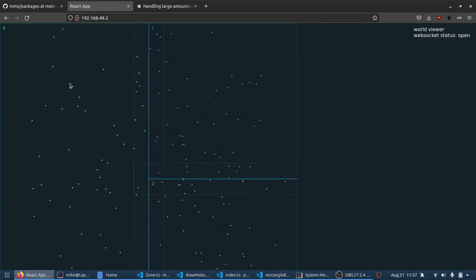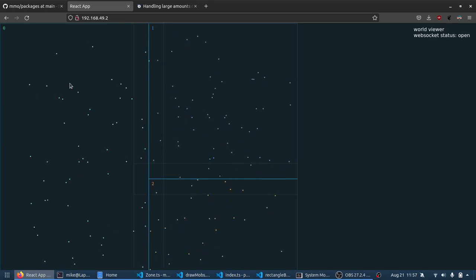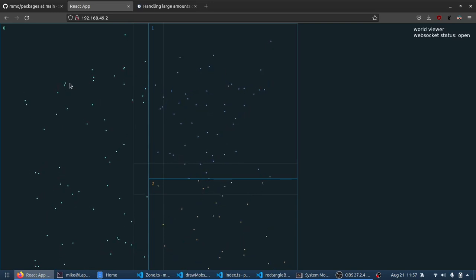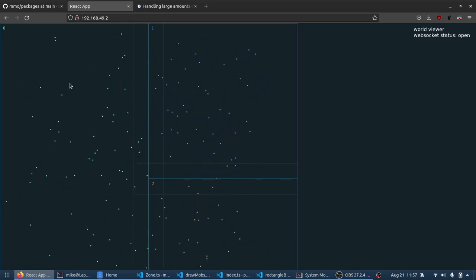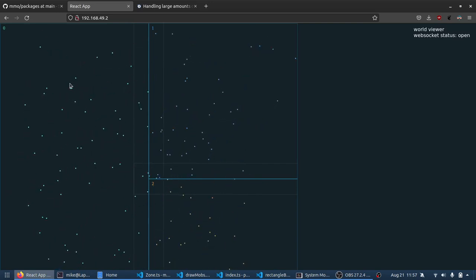Now, the way that I have figured that out is through a technology called Redis, and Redis is, well, it's originally a database, and then it became a tool with a lot of different features.